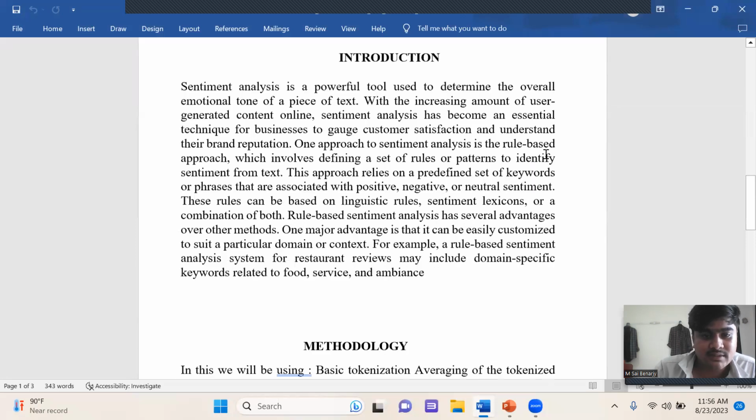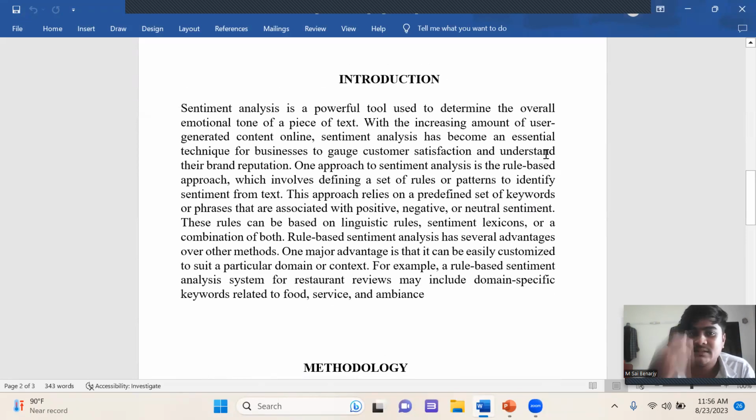And I'll give an introduction about my project. Sentiment analysis is a powerful tool used to determine the overall emotion in pieces of text. With the increasing amount of user generated content online, sentiment analysis has become an essential technique for businesses to gauge customer satisfaction and understand their brand reputation. One approach to sentiment analysis is the rule-based approach, which defines a set of rules or patterns for identifying sentiment from the text.